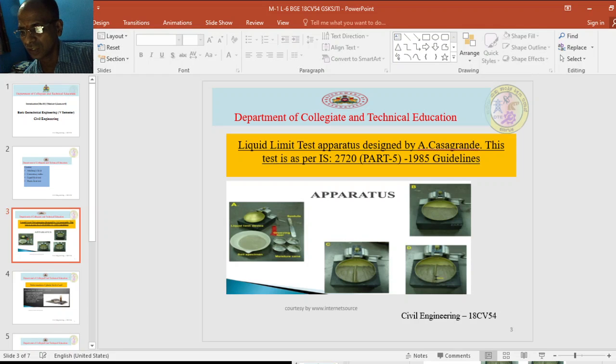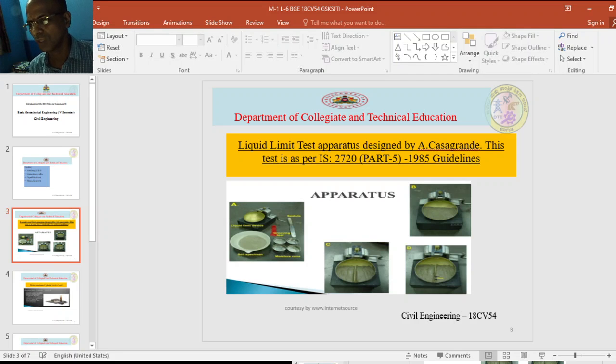Before going to the liquid limit test, Atterberg and Casagrande did a lot of work to determine the consistency of the soil. Consistency means how the behavior of soil varies with the percentage of water in the sample.